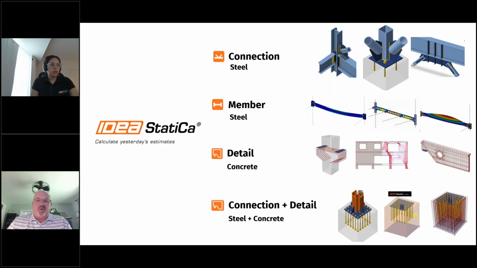So whether it be openings in walls, haunches, dapped ends, walking columns, that's what Detail would be used for. And then finally, we're going to talk about this integration that we have. So Connection and Detail. So this is, again, the complete workflow for baseplate design, including the reinforced concrete below the steel. So that's really what we're going to be talking about for the rest of today. So next slide.